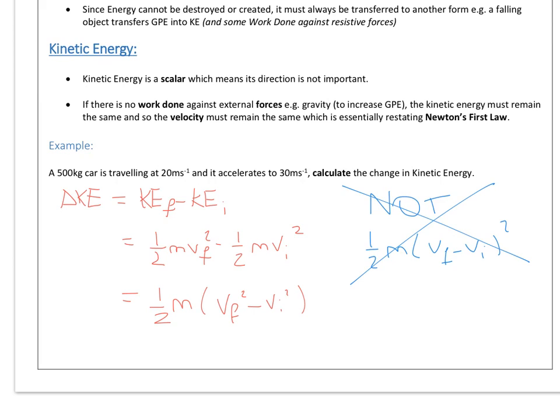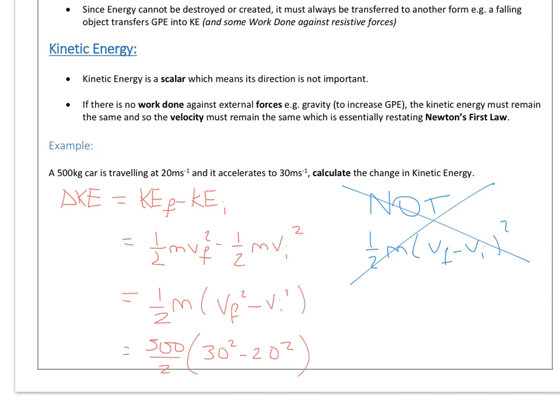We want the expression I've got in red here. So let's put some numbers in. We've got 500 divided by 2, 30 squared, which is 900, minus 20 squared, which is 400. So that ends up being 500, if I'm not mistaken. So 30 squared, 900, minus 20 squared, gives you 500, times 500 divided by 2.